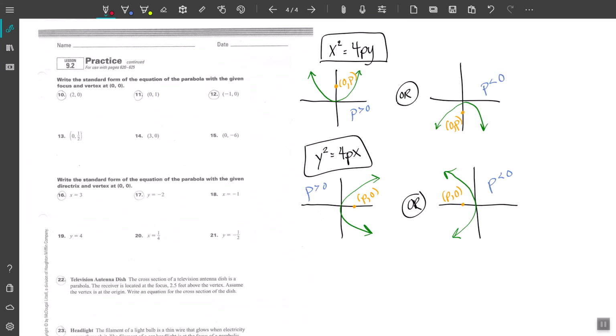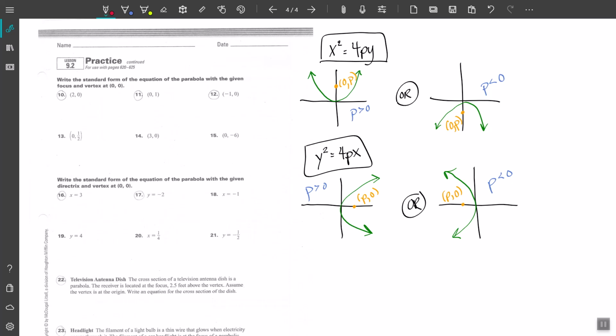Okay, well, on the back, they ask us to write the standard form of the equation of the parabola, and they have given us the focus, and we are to assume the vertex is at 0, 0. So that means that we can use one of these two forms over here, either x squared equals 4py or y squared equals 4px.